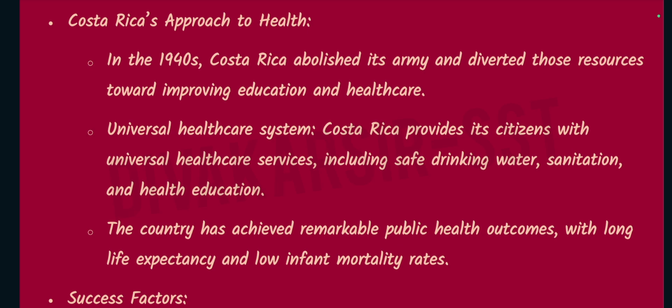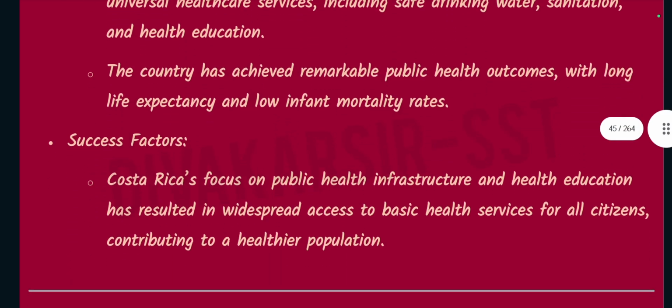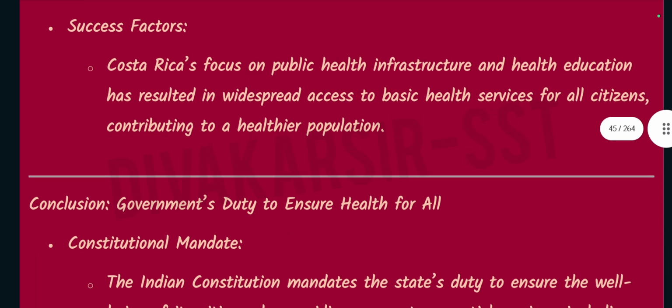The country has achieved remarkable health outcomes with long life expectancy and low infant mortality rates. Success factors: Costa Rica's focus on public health infrastructure and health education has resulted in widespread access to basic health services for all citizens, contributing to a healthier population.